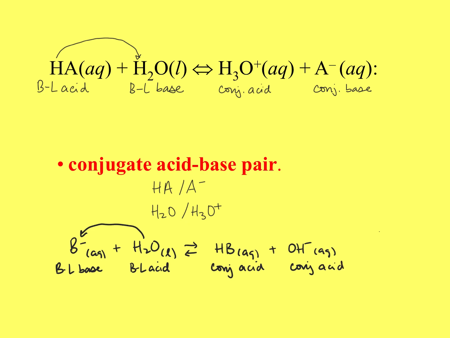So in this case, the conjugate acid-base pairs would be B negative and HB, as well as H2O and OH minus. And please note that would be a hydrolysis equation for a base as it's reacting with water.